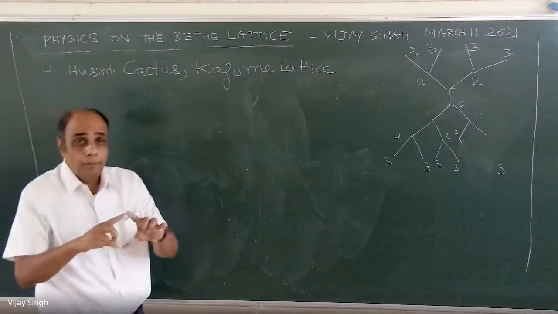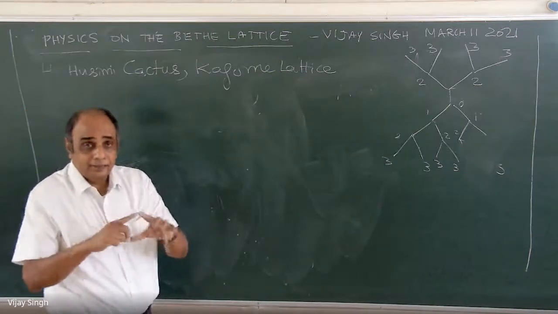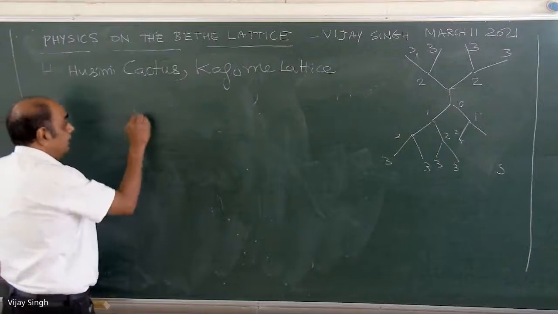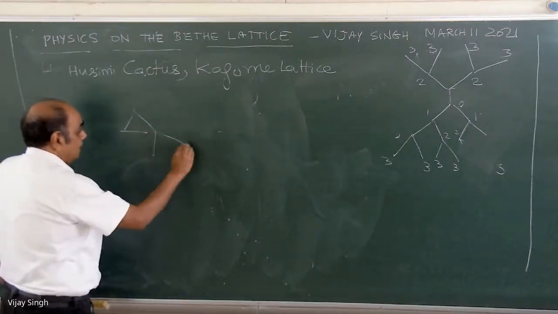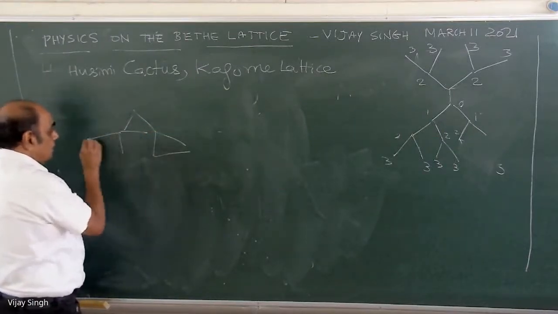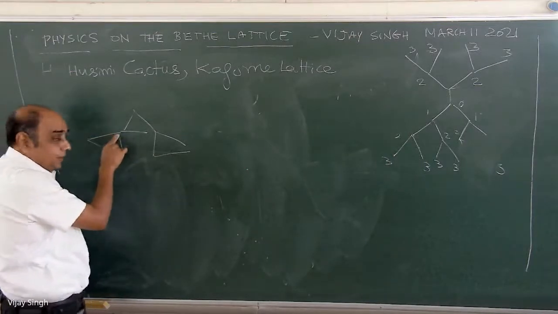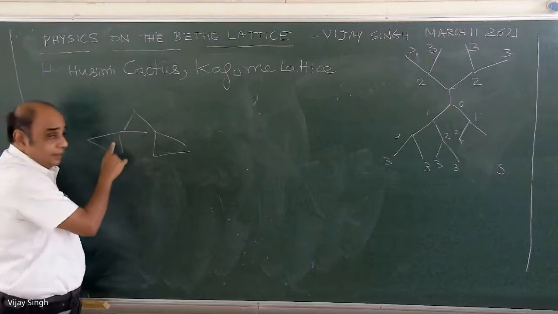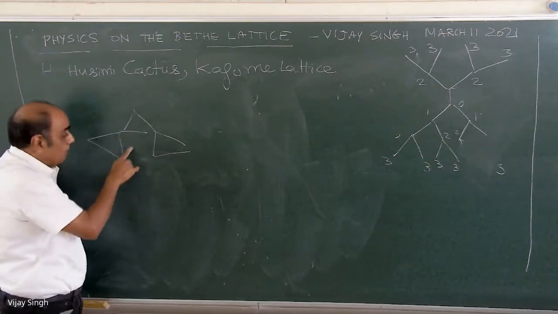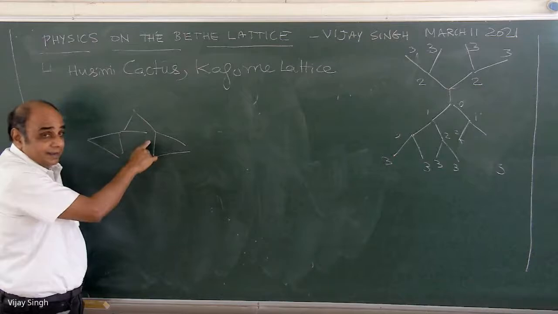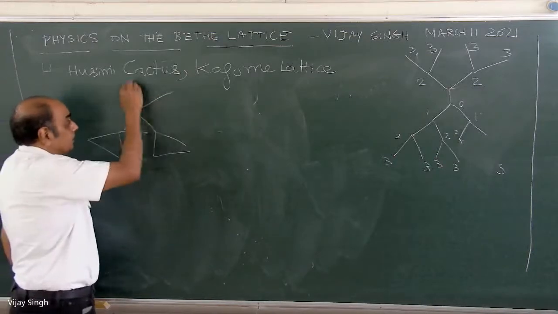There's a closed loop, but it has only one connectivity. That is to say, if I have a triangle, this triangle is linked to this triangle, which is linked to this triangle, but no two vertices are shared. Only one vertex of this triangle and one vertex of this triangle are connected. If this one were also connected, then this edge would get connected. So it has this kind of structure.